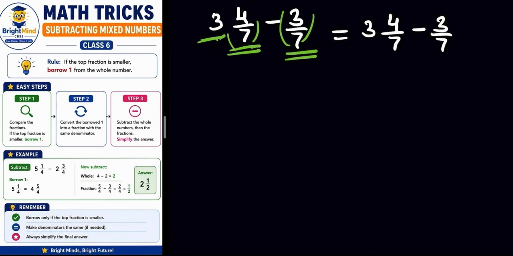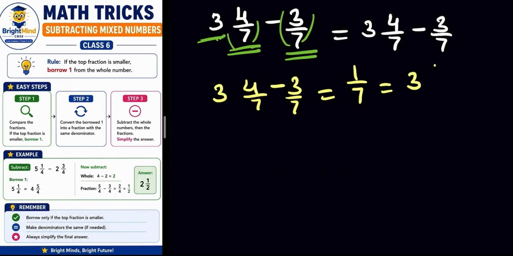I separate the whole number 3. Now I am writing 4 by 7 minus 3 by 7. It is equal to 4 minus 3, which comes to 1 by 7. It means 3 and 1 by 7.